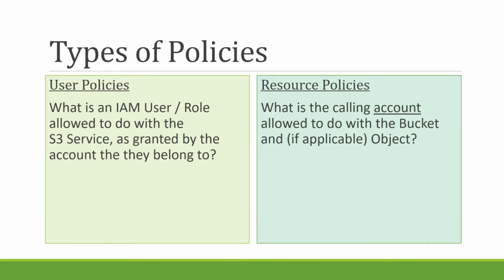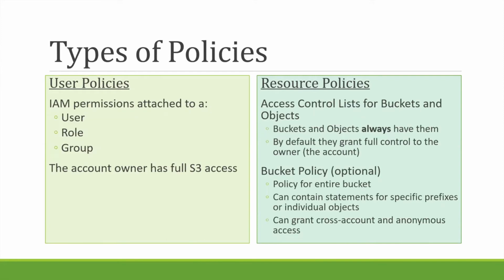From the resource, we're taking the perspective of either the bucket or the object and saying, what's the calling account allowed to do? Going a bit deeper here, so when we're talking IAM permissions, they're going to be attached to either a user, a role, or a group. If you are operating as that account owner, all of this is bypassed because you've got full S3 access.